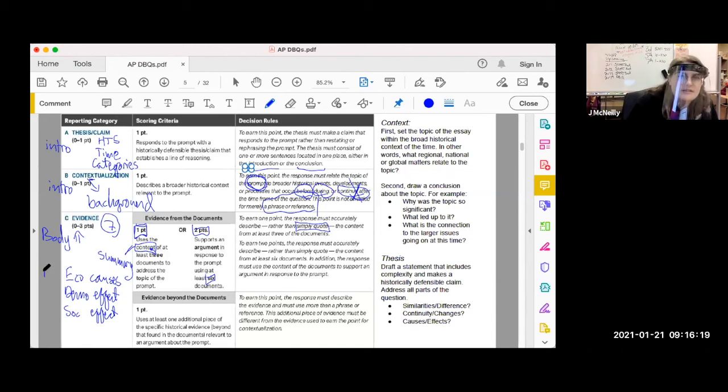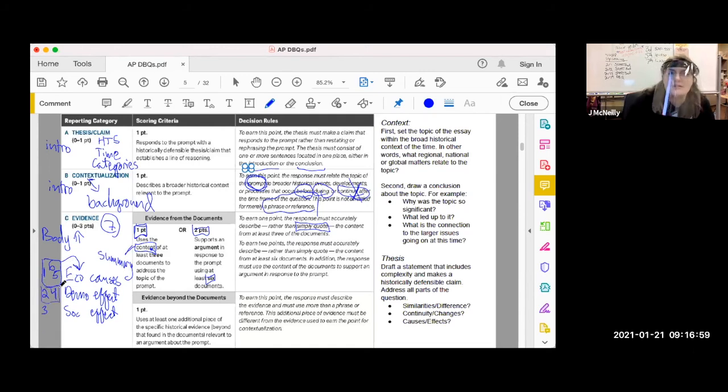So you're going to use document 1 to back up your claim that there are economic causes for exploration because they're trying to get to the spice trade. Document 2 talks about smallpox. Document 3 talks about the encomienda. Document 4 talks about the asiento. Document 5 talks about the silver mines. Document 6 talks about mercantilism. Okay, so if you use those documents as evidence to say, hey, do you remember when I said that the economic causes were a big part of exploration? Documents 1, 5, and 6 back me up. Okay, you know how I said that there were negative demographic effects?